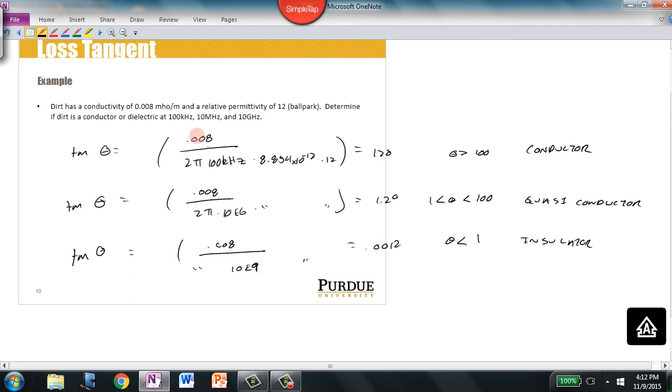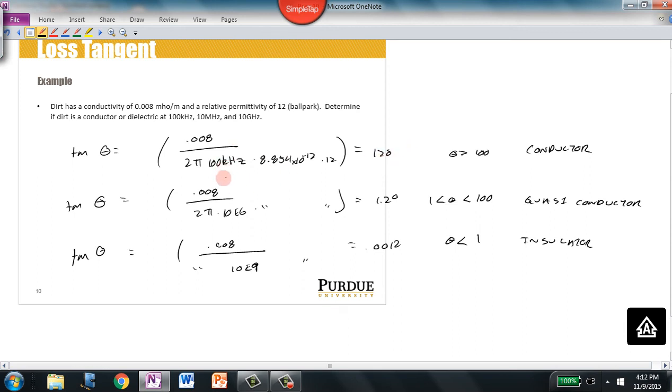And then you need to divide by the relative permittivity times the permittivity of free space, so that's 8.854 times 10 to the minus 12 times 12, so all those go in the denominator. You do those calculations.